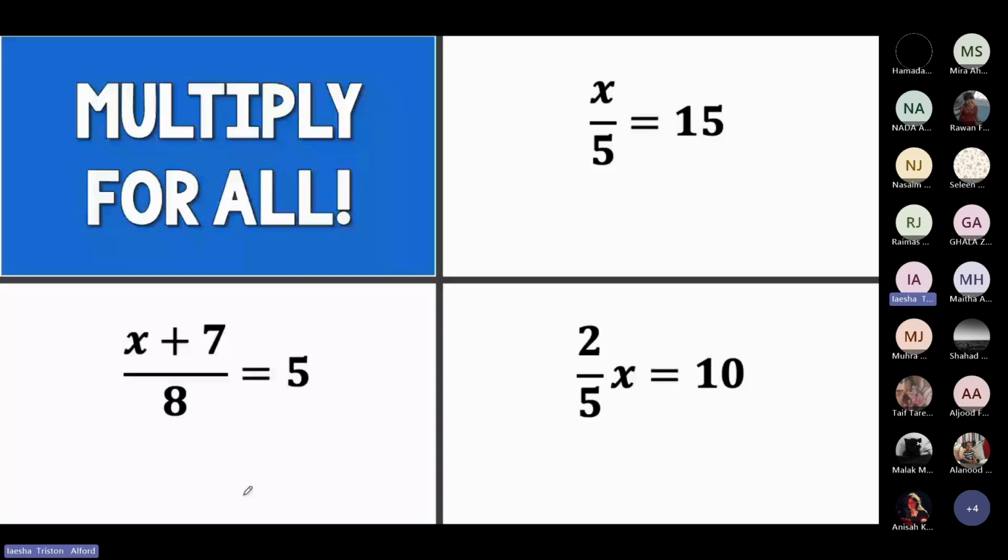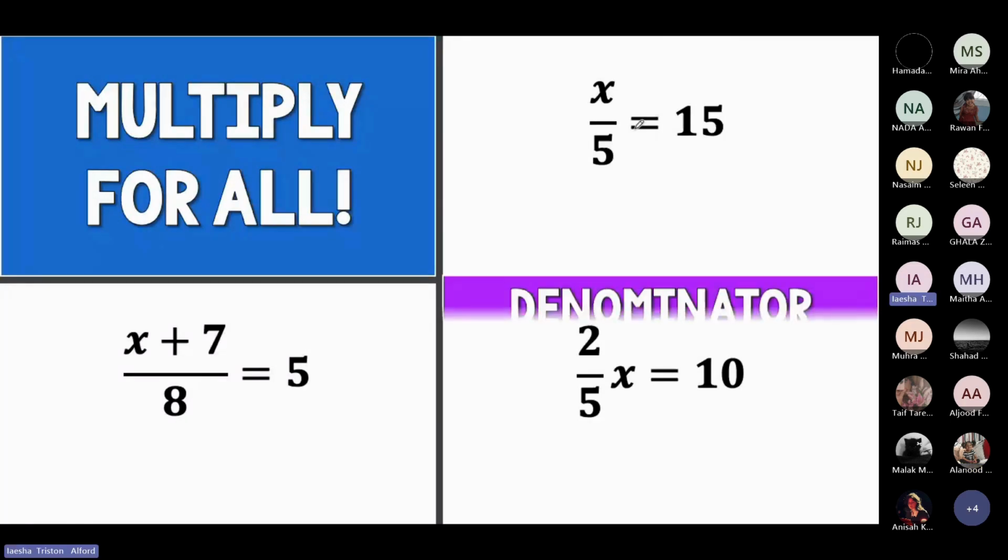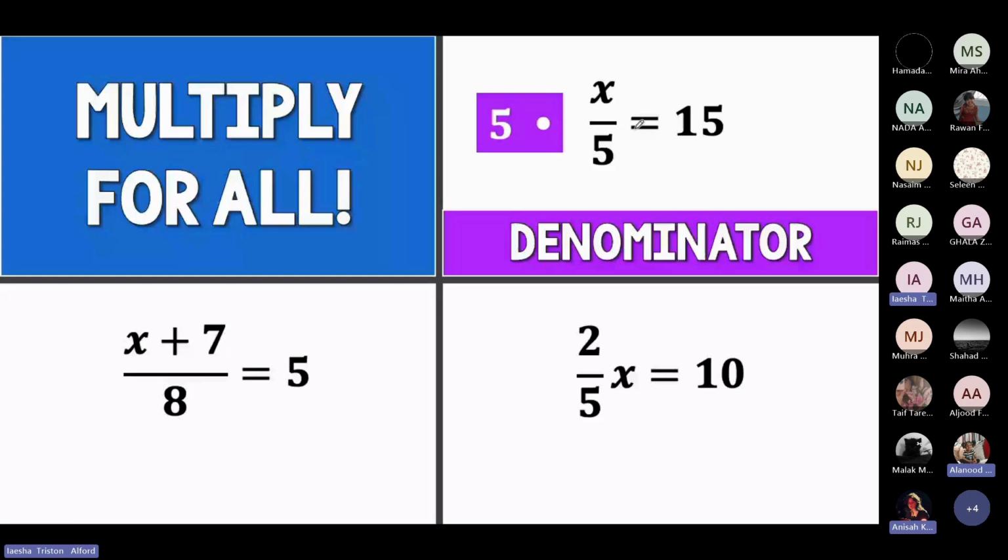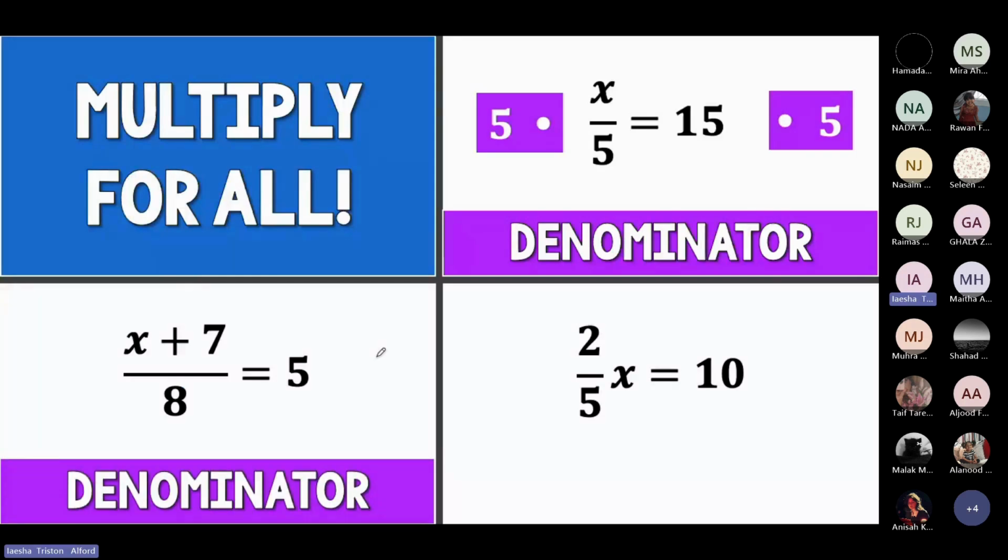What's the thing to remember? All of these have a fraction bar. You should multiply for each one of these equations. For this one here, what do you multiply by? Multiply with the denominator, 5, both sides. What about this one? Multiply 8 both sides, so you multiply the denominator.